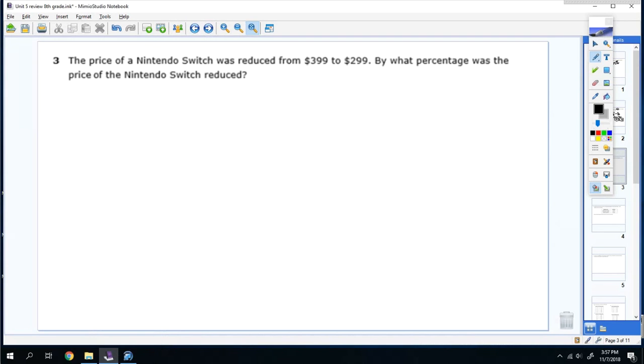Number 3, the price of a Nintendo Switch was reduced from $399 to $299. By what percentage was the price of a Nintendo Switch reduced? So same idea. You have to find the amount changed. So the amount change between these is 100. So the amount change is 100 over the original amount, which is $399. And you set it equal to x over 100.